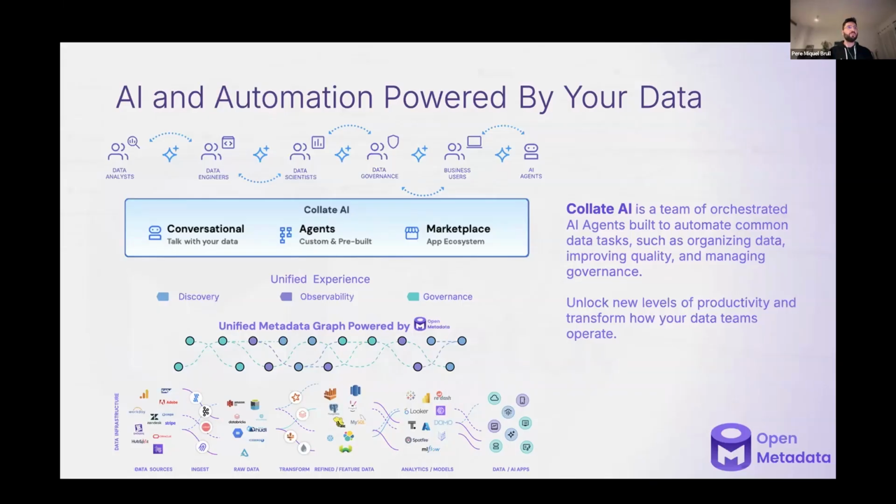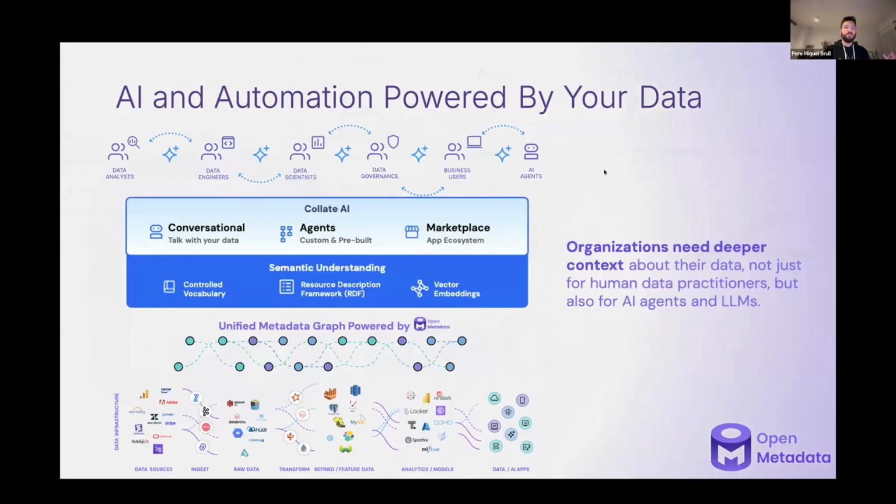So what we are bringing to the table now with Collate is this ability to transform this unified knowledge graph into knowledge units that go far beyond giving the LLM access to the schema of our tables, but actually contextualizing this schema and this metadata, these technical pieces of information, with the importance of an asset within our organization, the specific meaning, thanks to the integrations with tools like the glossary or the knowledge center, or even how all of these pieces of information are currently being used, who owns them, and how this information flows and is transformed through our pipelines.